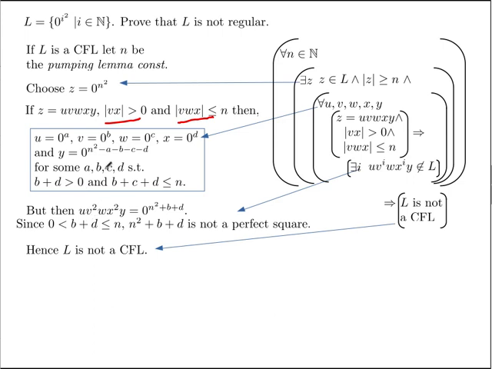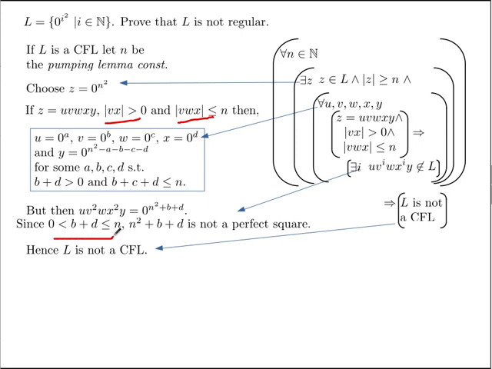So then if you just consider this u v square w x square y, that means you are introducing one more v and one more x. So you are introducing b plus d many more zeros: 0 to the b for v and 0 to the d for x.